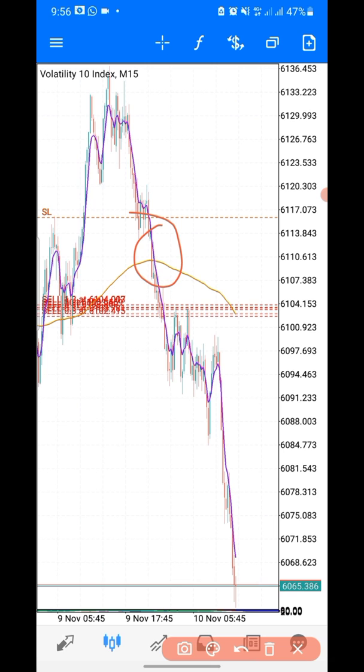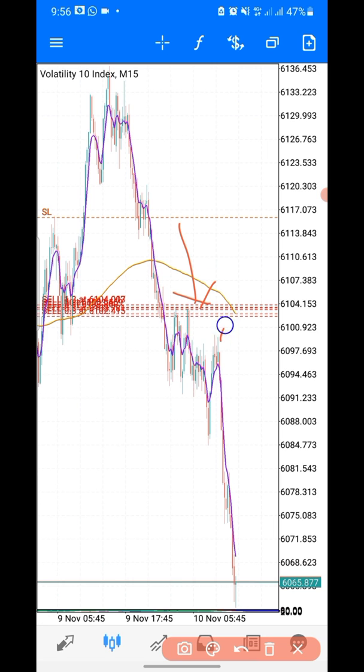It therefore means that whenever the EMA 5 crosses the EMA 200 like this, we sell the market. And if it crosses to the upside, we buy the market. It's simple, guys. It's simple.